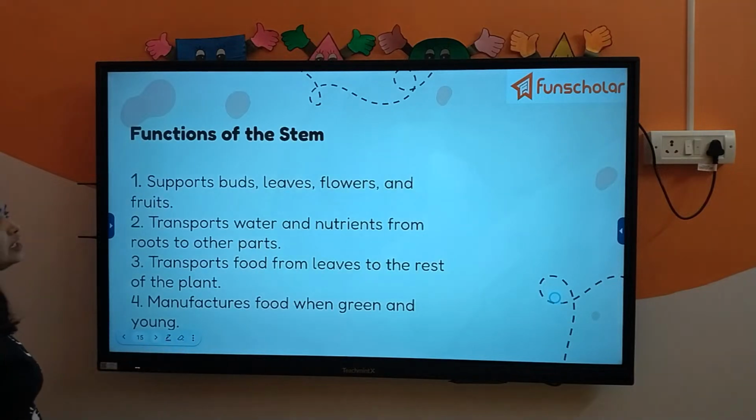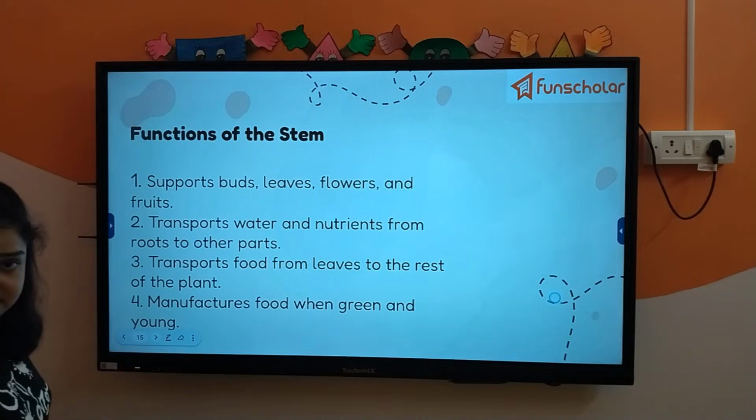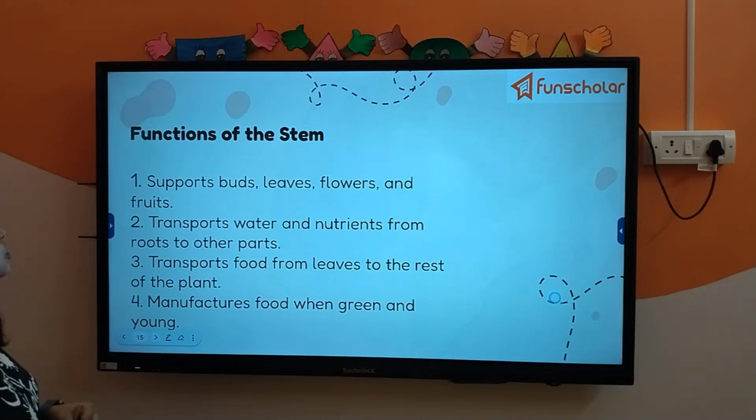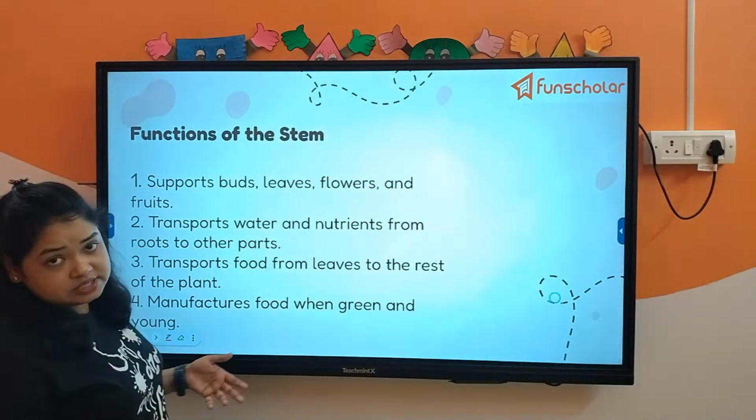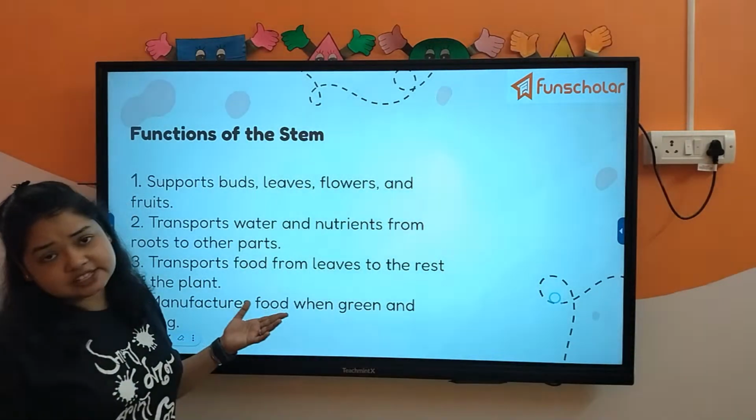Now the function of the stem, that also has been discussed there, but still we can recapitulate once more that it provides the structural support because it supports the origin of the buds, leaves, flowers and fruits. And also the main function is it transports water and minerals from the roots to other plant parts wherever it is required.